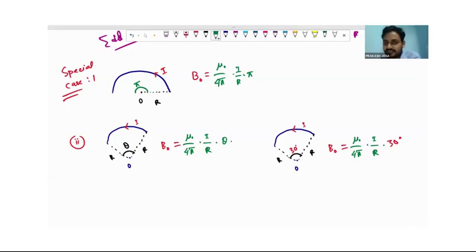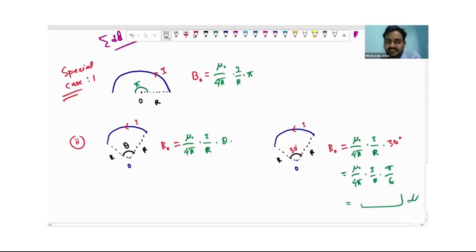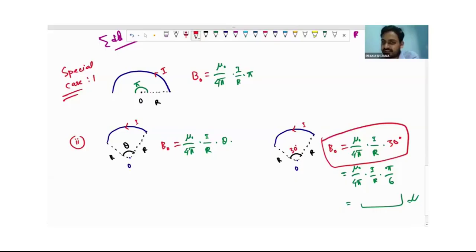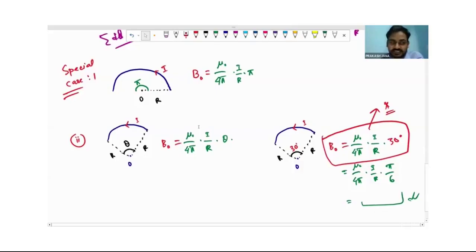Here we have to write mu naught by 4 pi I by r, and in place of 30 degree, we have to write pi by 6. Then it will give us the final answer. If we write 30 degree, this is a mistake. You know how this degree is defined, isn't it? This is not an appropriate scale. This is a comparison only.